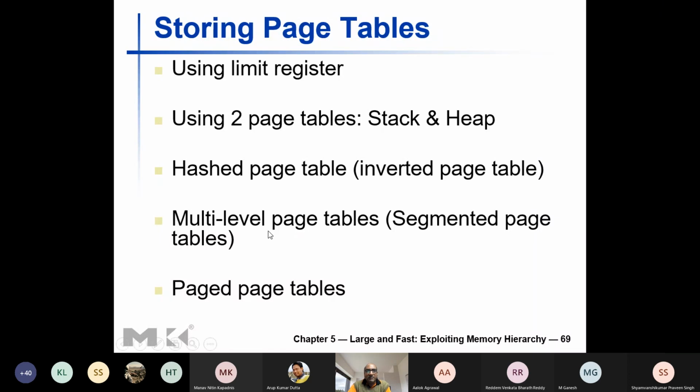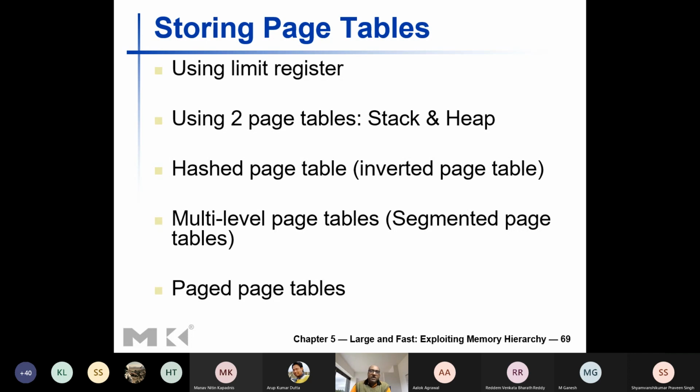And there is another one, multi-level page tables. Instead of a single page table of 2 power 20 entries, we'll split the page table entries into smaller page tables, which I'll call page tables at the secondary level, and these secondary-level page tables are maintained by another page table. For example, your page table size is 2 power 20 entries, which is nothing but 1 million entries.